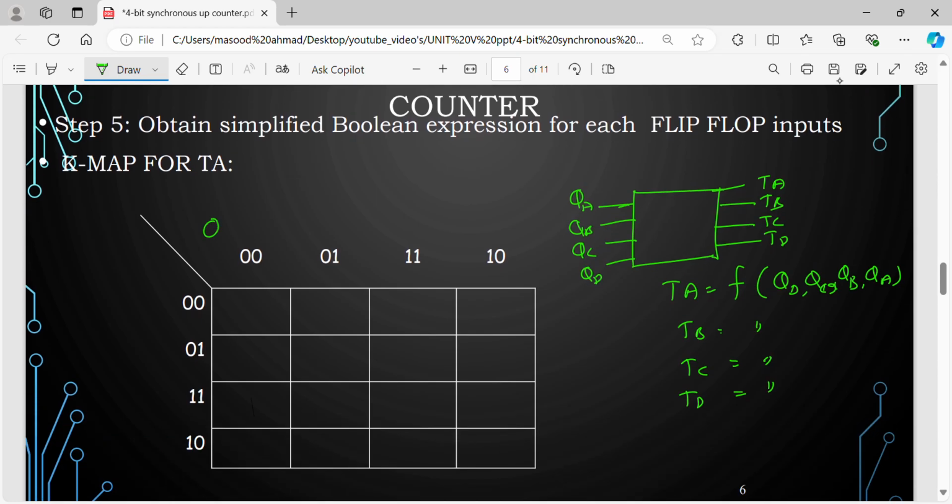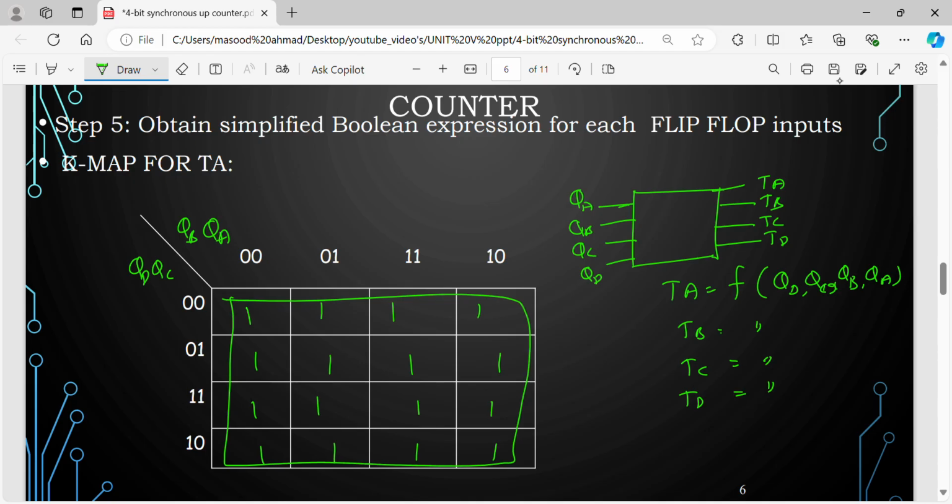So here it is QA, QB, QD and QC. So what I need to do is I enter the values, all ones, all ones. Okay, this is the sequence that we know. So when I combine them, TA is equal to 1 forever.